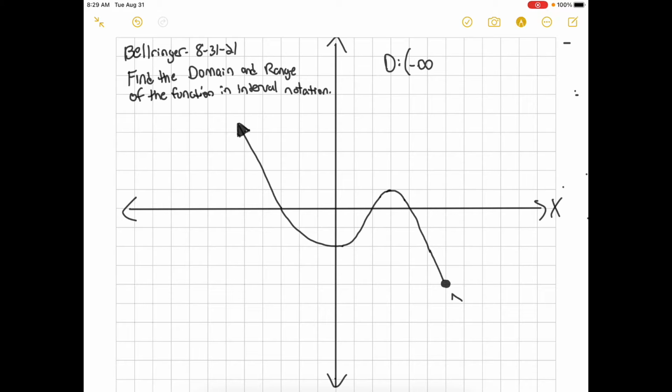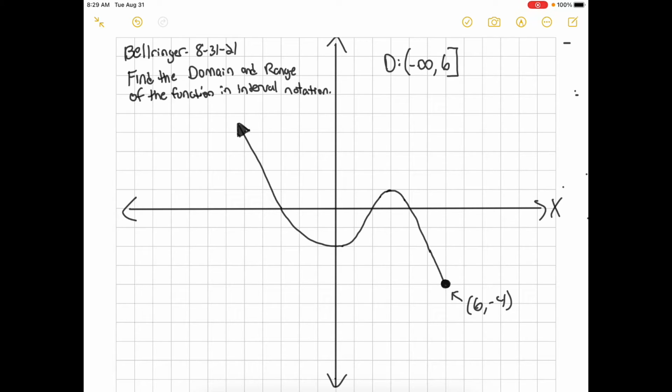And it stops right here. This x value is 6. This is the coordinate 6, negative 4, but the x value is 6, and 6 is included. This is a colored in circle. So we'll do negative infinity, comma, 6, and we'll put a bracket if it's included.